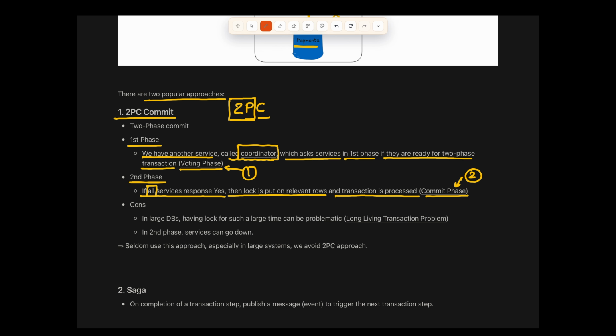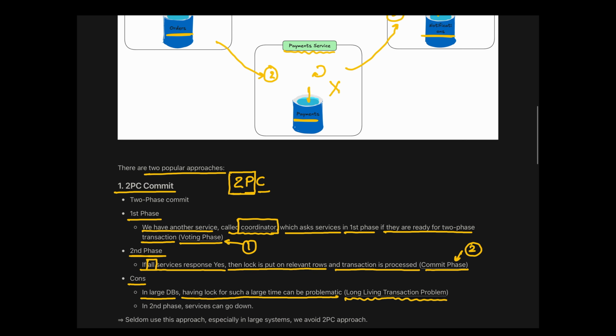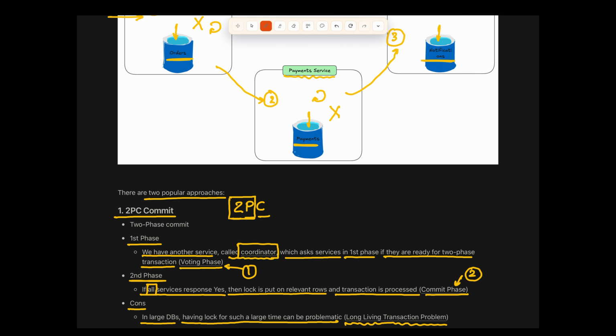What are the cons of this? In large databases, holding locks for such a long time can be problematic. This is known as the long-living transaction problem. For example, let's say this is a system of Amazon and it is a Black Friday sale.